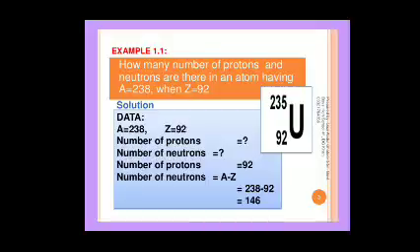So the number of protons Z is equal to 92. The number of protons is equal to the number of electrons, so electrons are also 92. The mass number of uranium A is equal to 238.